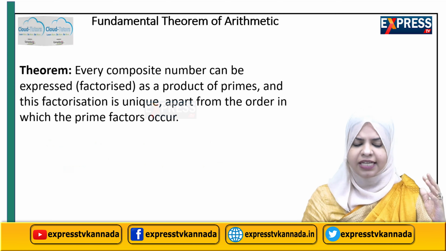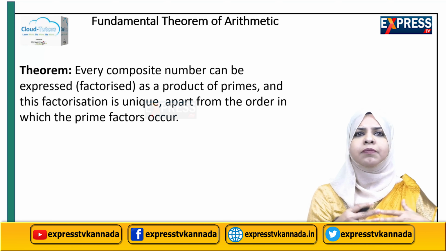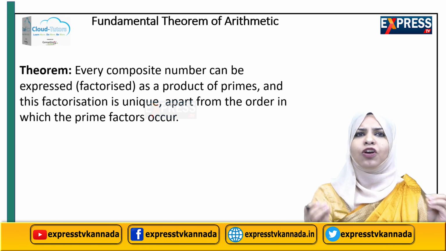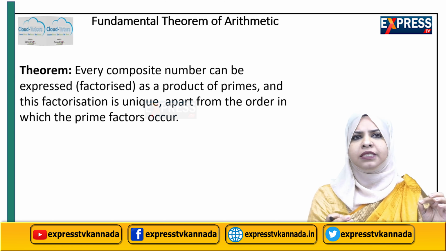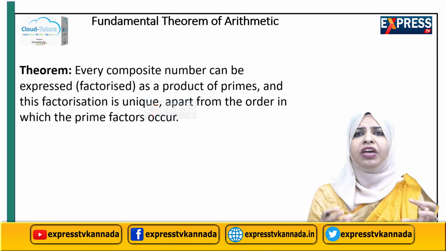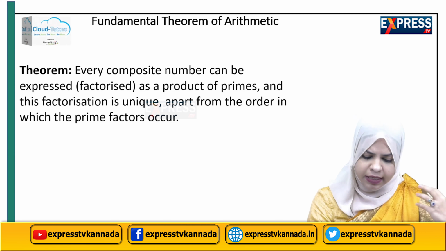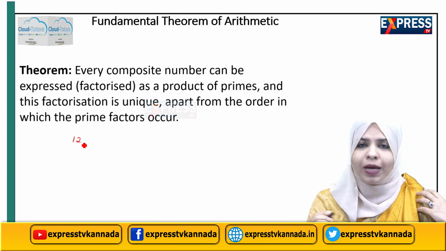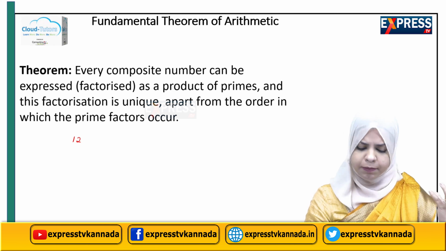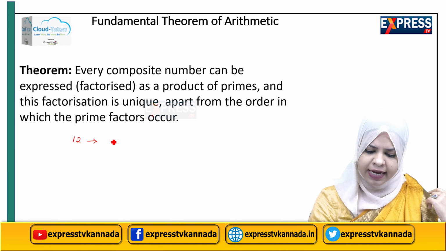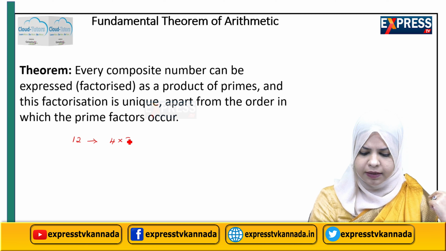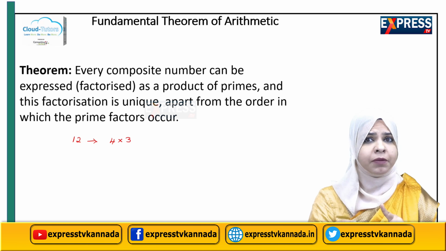So with this knowledge, let's understand what this theorem tries to say. Every composite number can be expressed as a product of primes. Take the simplest number, say 12. I can write the factors of 12 as 4 into 3. But is 4 a prime number?